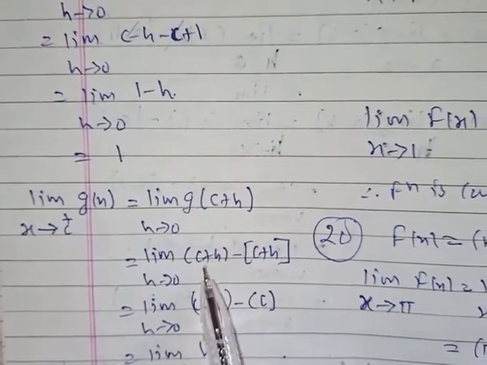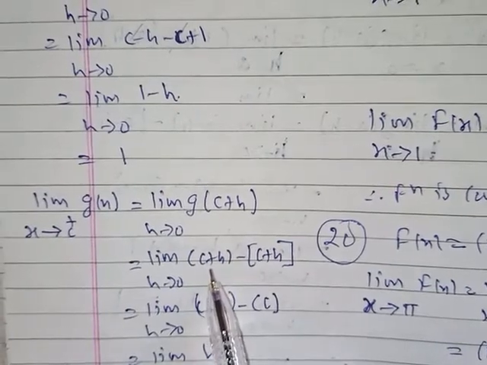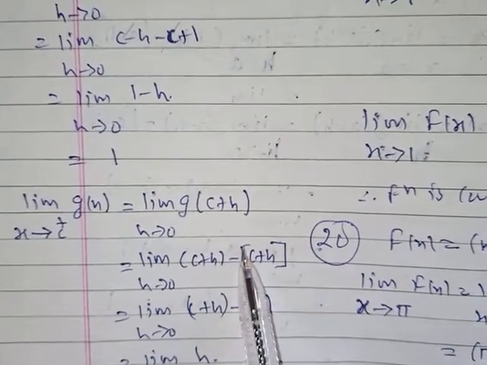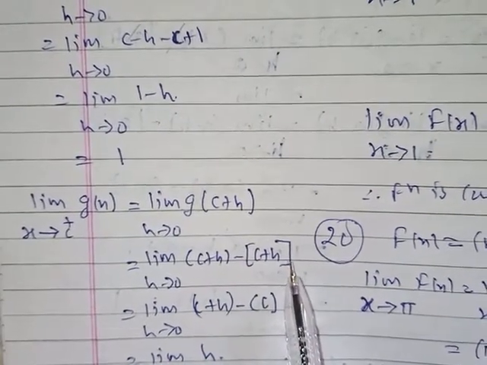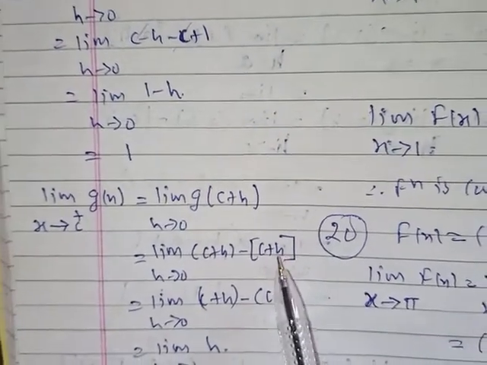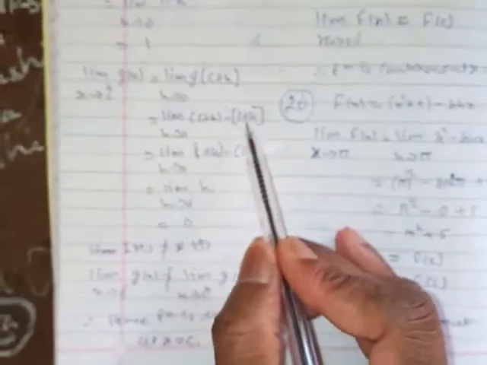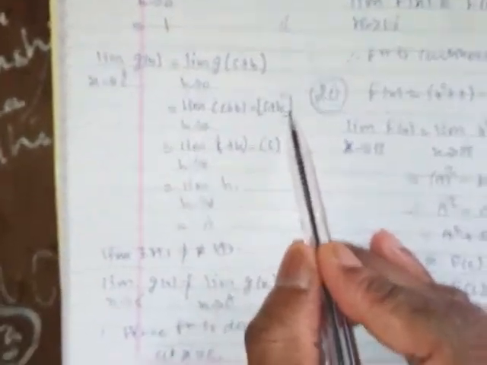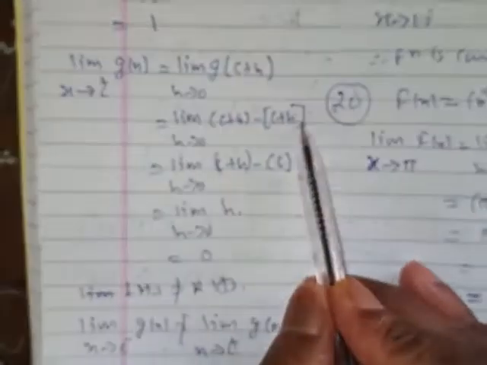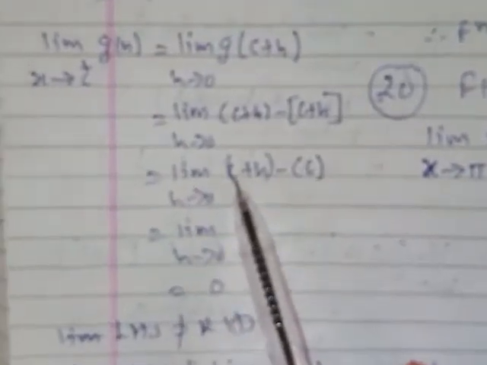So what will we write here? c plus h minus the greatest integer less than or equal to c plus h.